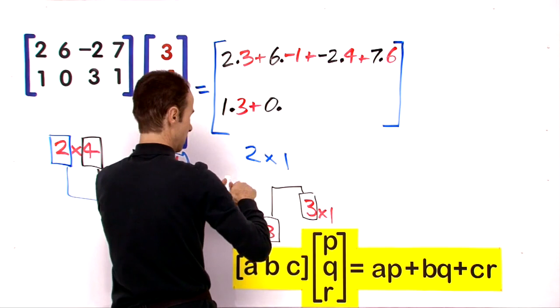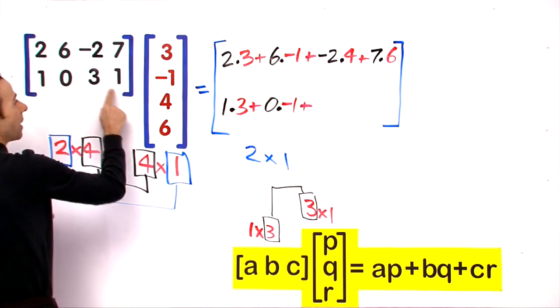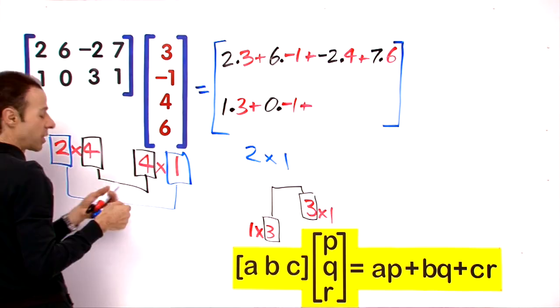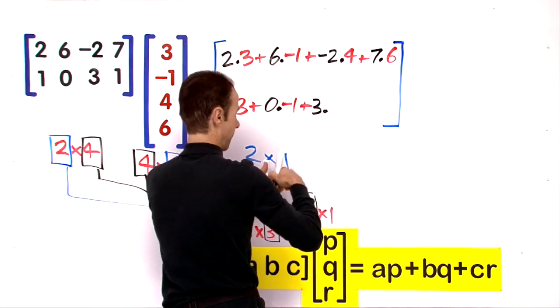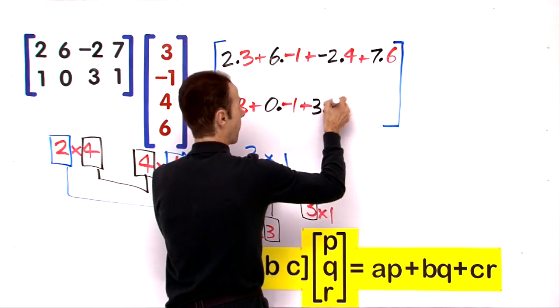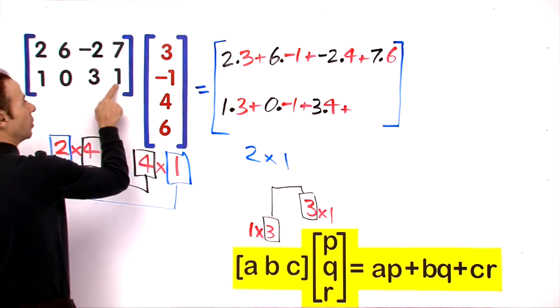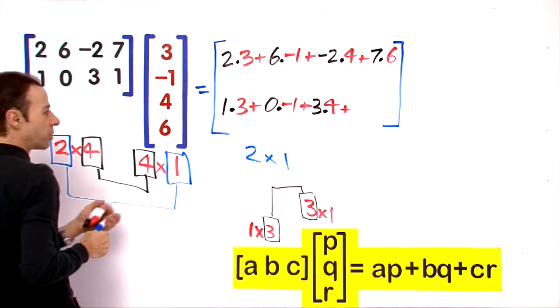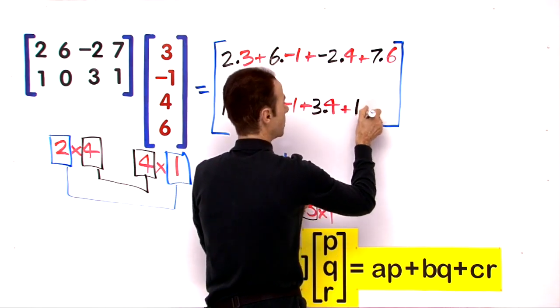Then we're going to add 3 times 4, right there. Then we're going to add 1 times 6, the 6 down the bottom. So let's write that out.